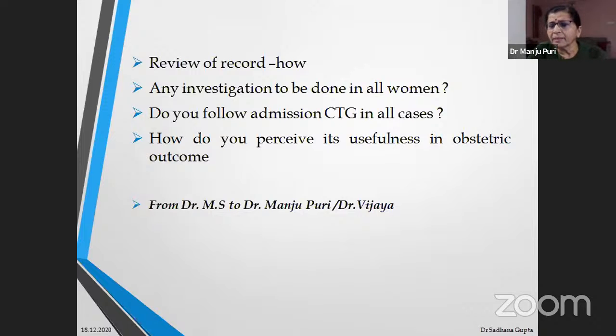Second is, when a patient like this comes, you have to review whatever is the history. That would mean that you have to assess the patient. So assessment, triaging, and then the management. This is how it should be. When we talk about the admission, most of the problems arise when you are not prompt in attending to the patient.